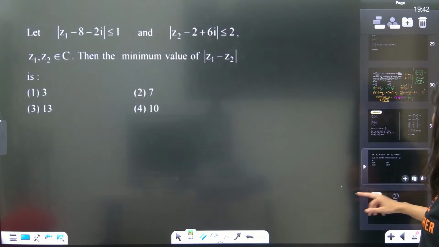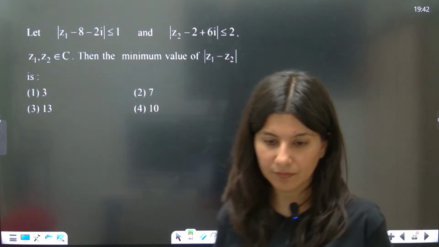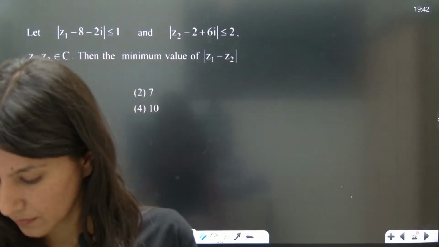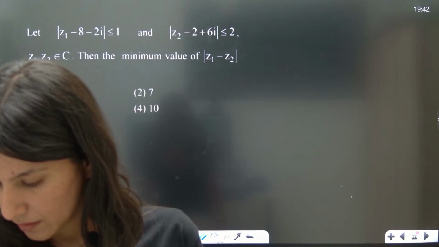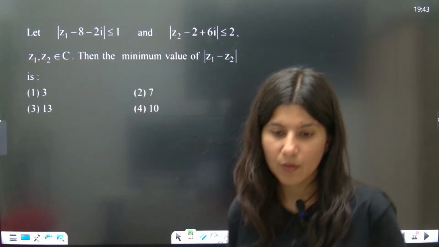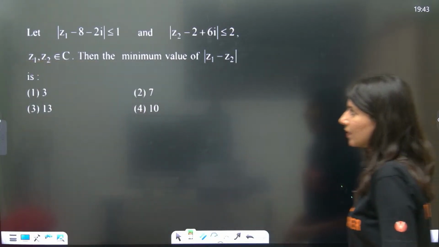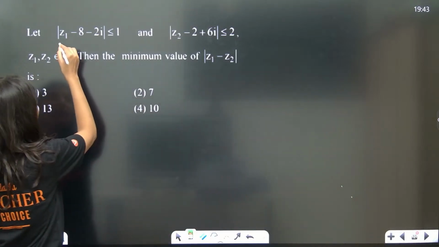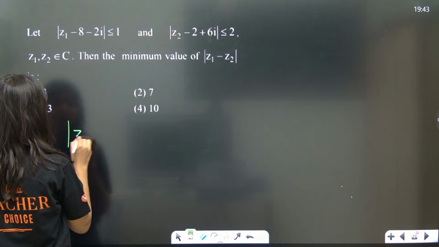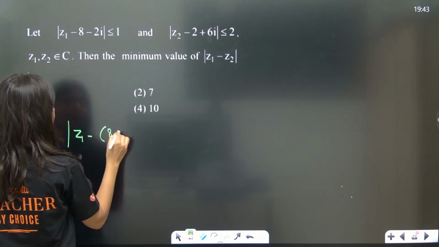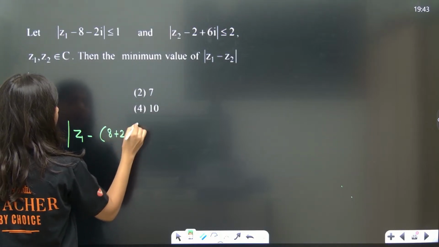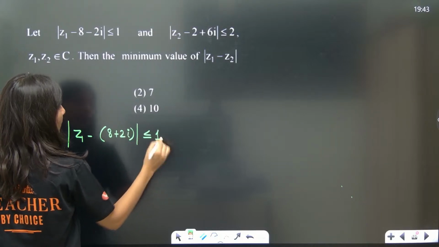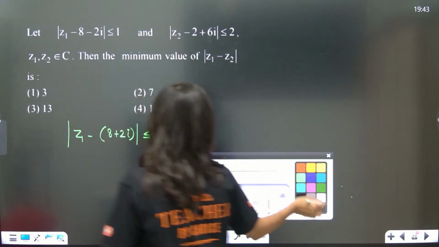Alrighty. Next question clear? Okay. Now next question. I told you the geometry of these complex numbers. Mod of Z1 minus 8 plus 2 iota is less than or equal to 1.